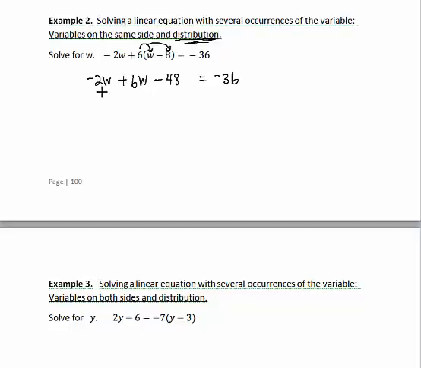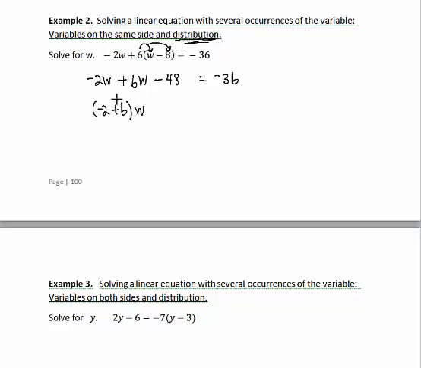In contrast to the previous example, these variables are now on the same side, and so we simply go with the signs that were given in front. This is a -2 and that is a +6. These like terms are on the same side, so we simply use the signs we're given, -2 +6, and then we put a w behind it.